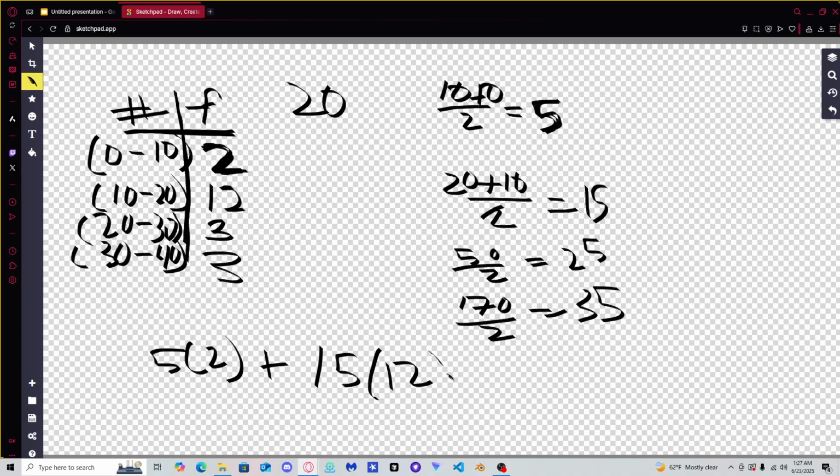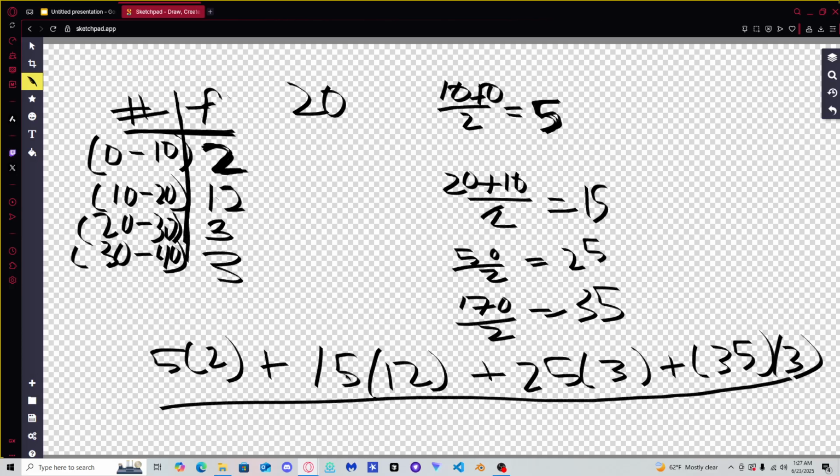15 times 12 plus 25 times 3 plus 35 times 3. And then you divide by the total frequency, just like any other mean calculation. So it's important to note that this differs from calculating the mean regularly, because you just have to use the midpoint.